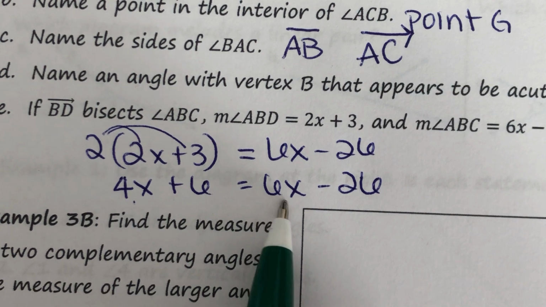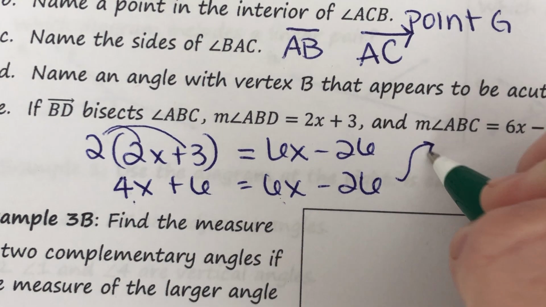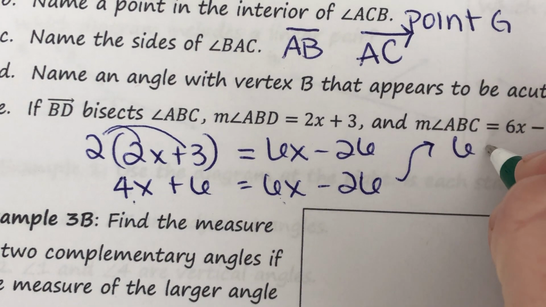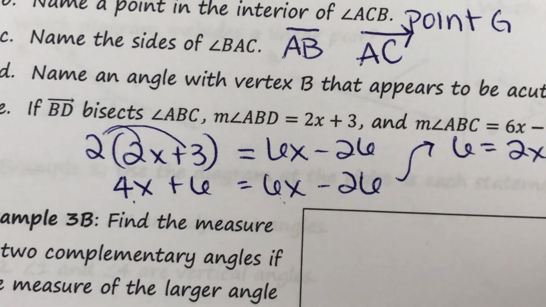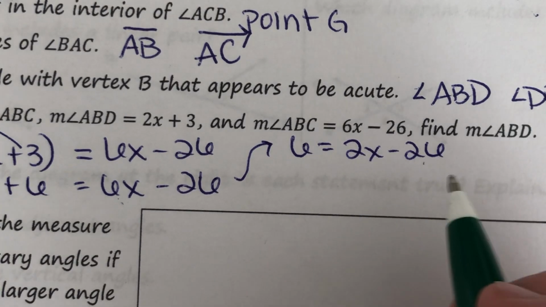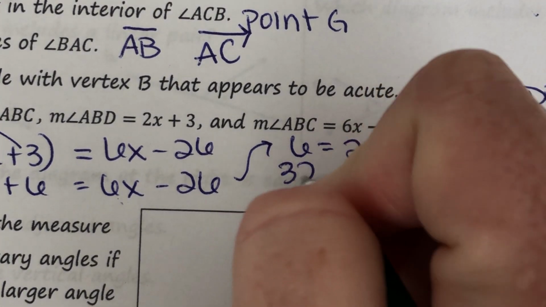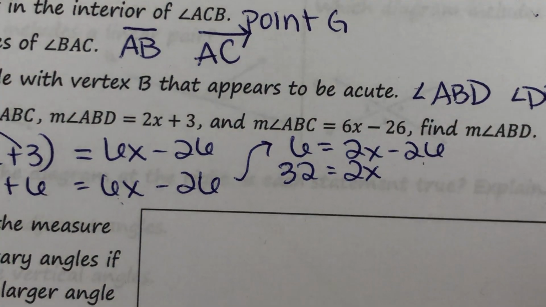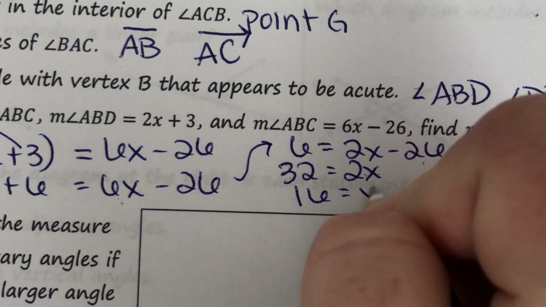I'm going to subtract 4x from both sides of my equal sign, so I'll get 6 equals 2x minus 26. I'm going to add 26 to both sides, so I'm going to get 32 equals 2x, and then divide both sides by 2, so I'll get x equals 16.